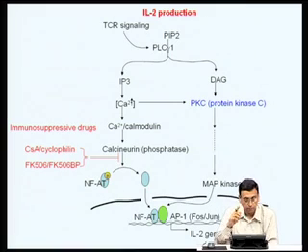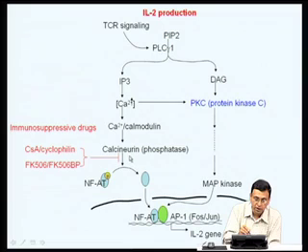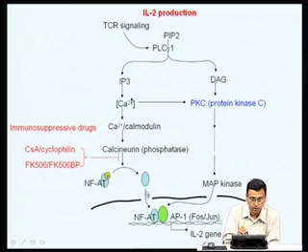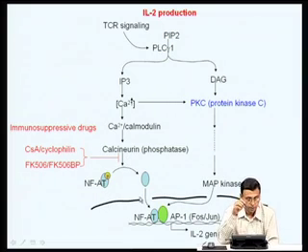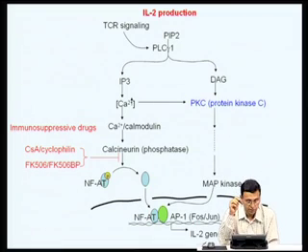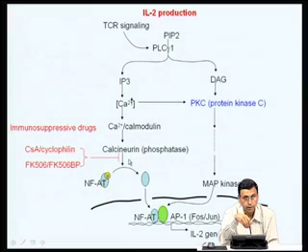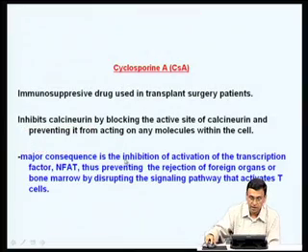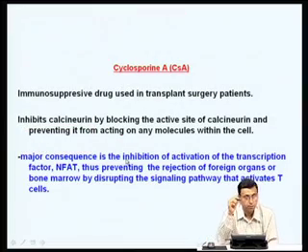Here is one example. Calcineurin, as I told you, is essential for the activation of NF-AT, and very important immunosuppressive drugs like cyclosporine act as inhibitors of calcineurin. As you can see in the next slide, cyclosporine is a very important immunosuppressive.